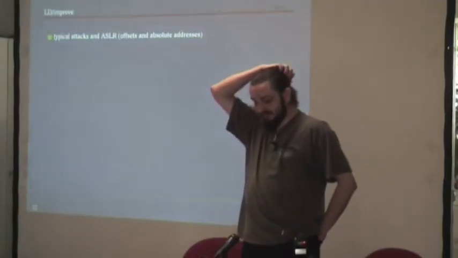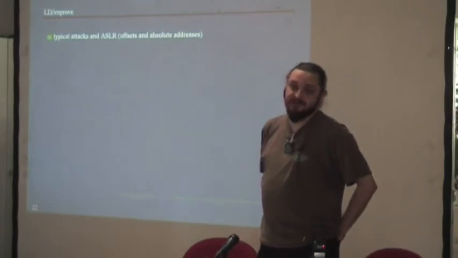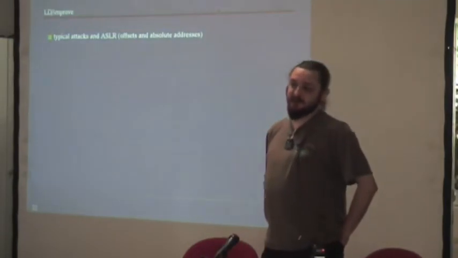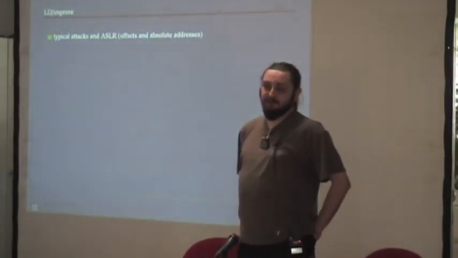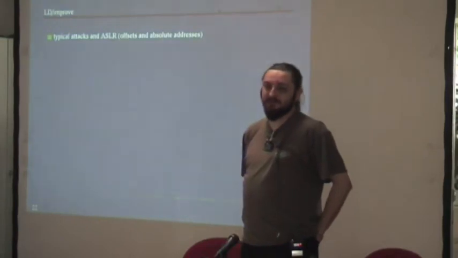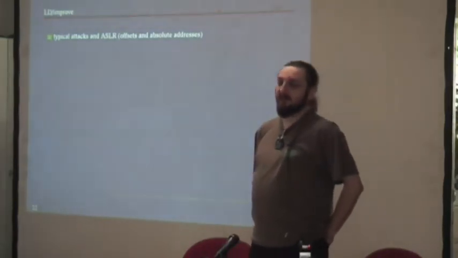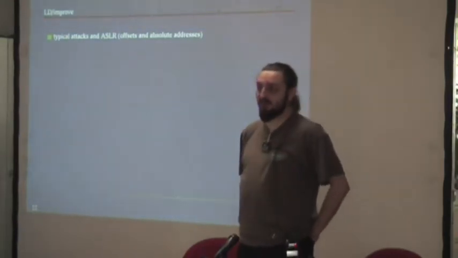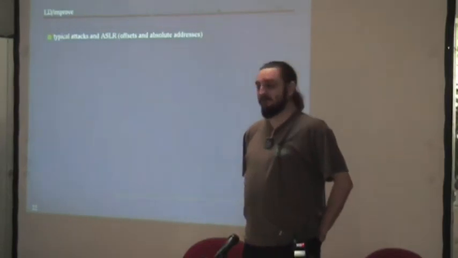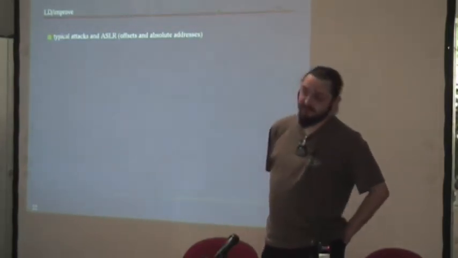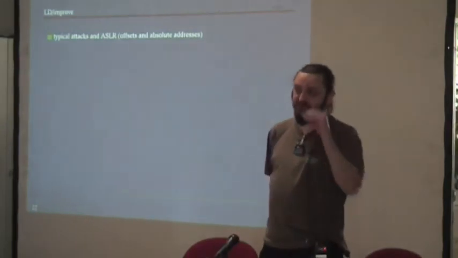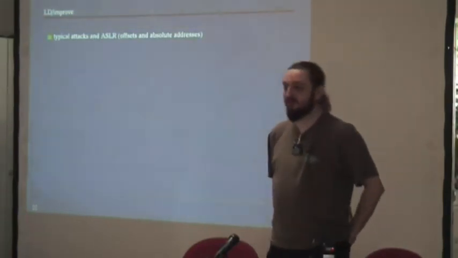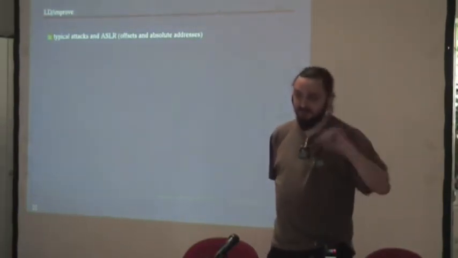So at this point, there are two things that we are interested in as an attacker: the absolute address, or an offset against a function, such that we can abuse the ending of the function that produces the desired effect, in which case we don't have to upload code into the target system. We can just upload the arguments on the stack that we want to run the existing piece of the function that the program has. And then we use the offset against the beginning of the function to jump to the middle of the function to do what we want.